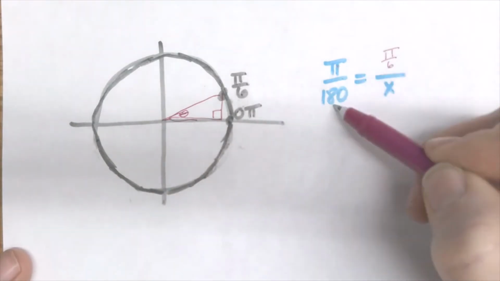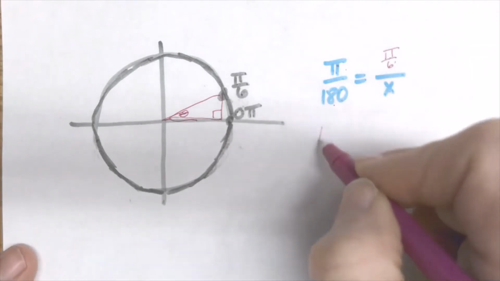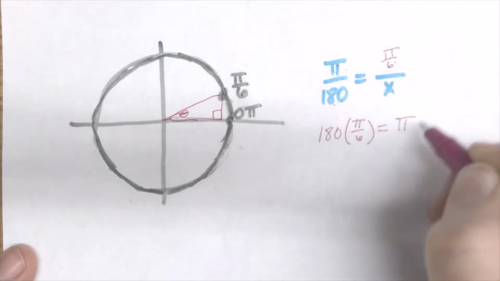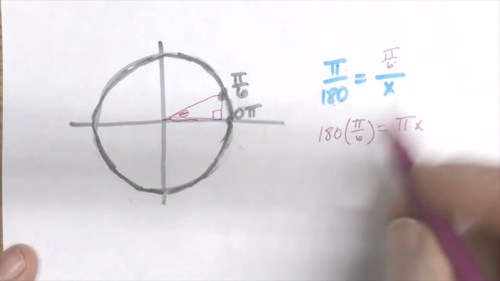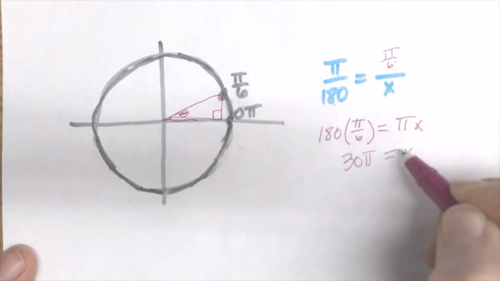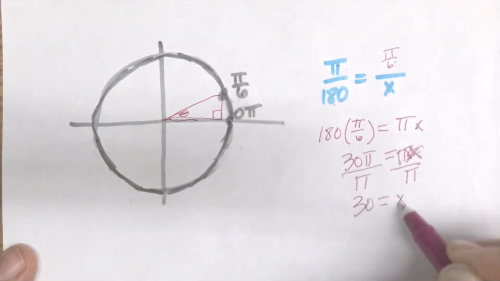So pi is to 180 as pi over 6 is to x. So 180 times pi over 6 equals pi x. When I multiply that, I get 30 pi equals pi x. So when I solve, I divide the pi out, and 30 equals x.